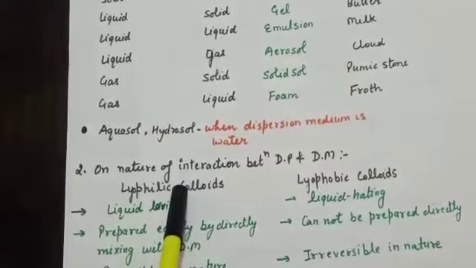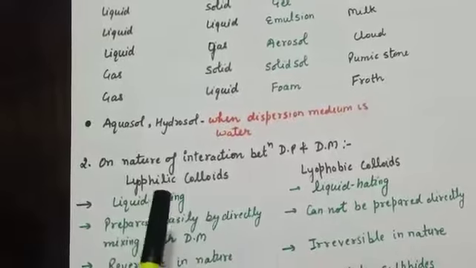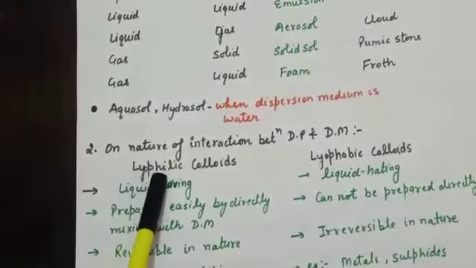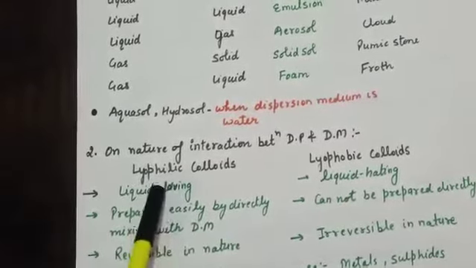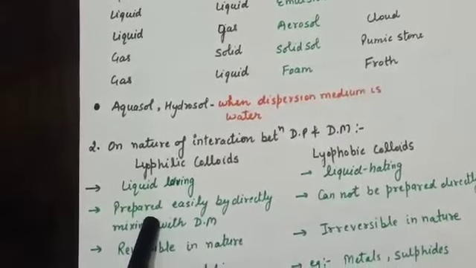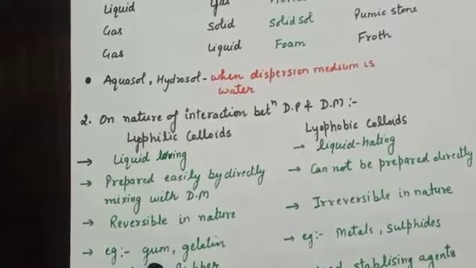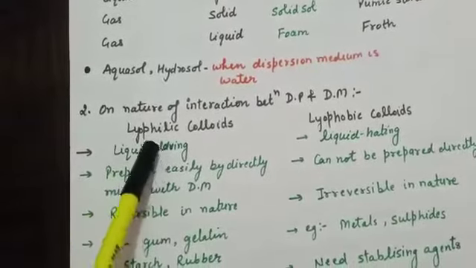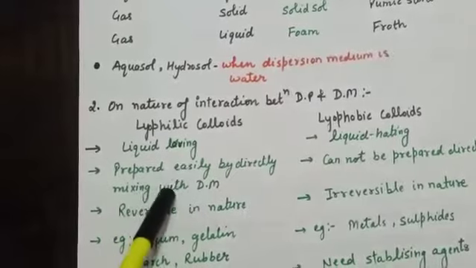Now one by one we will discuss all the points in lyophilic colloids and in lyophobic colloids. So first, what are lyophilic colloids? The word lyophilic means liquid loving, and these types of colloids can be prepared directly by mixing substances like gum, gelatin into water, that is into a suitable liquid. So we can prepare lyophilic colloids by directly mixing with the dispersion medium.